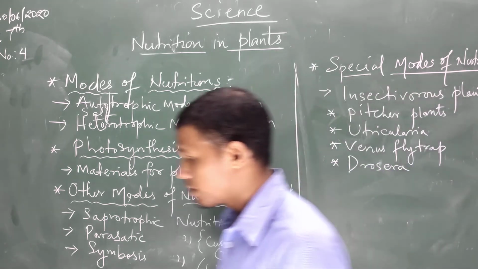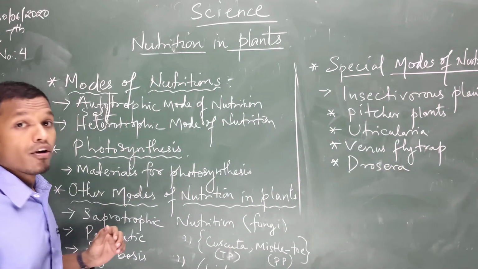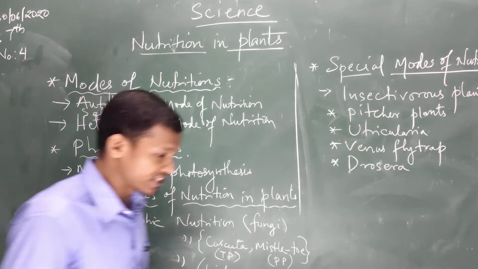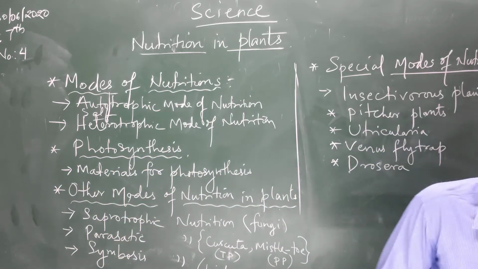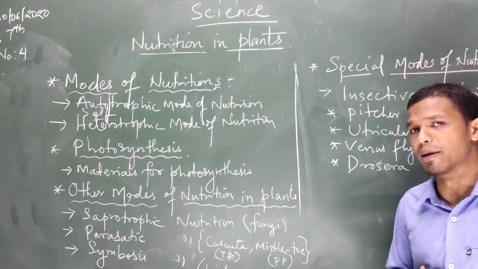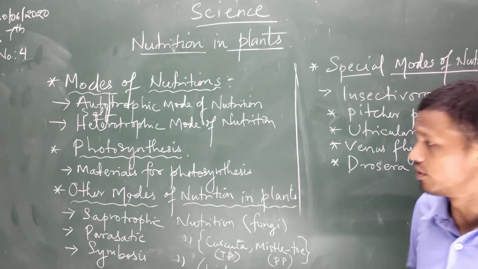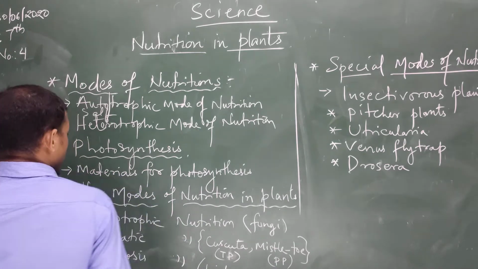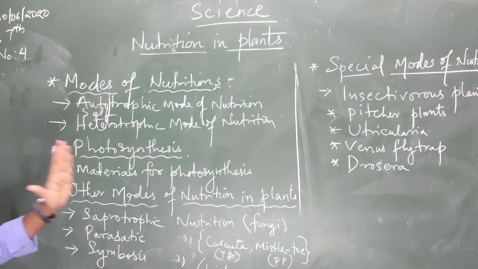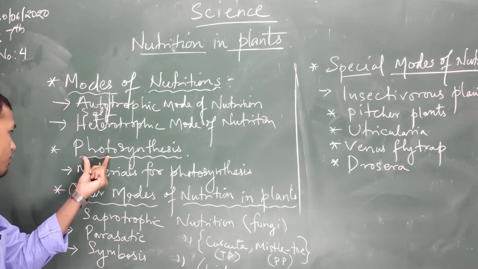You have the answer: the food factory is located in the leaf, especially in green plants. There are certain plants which have a different color, yet they have the green pigment. We'll discuss that later. Photosynthesis: photo means light.